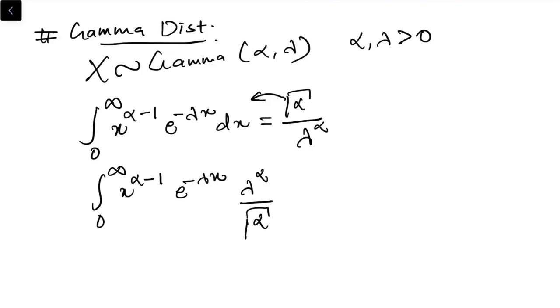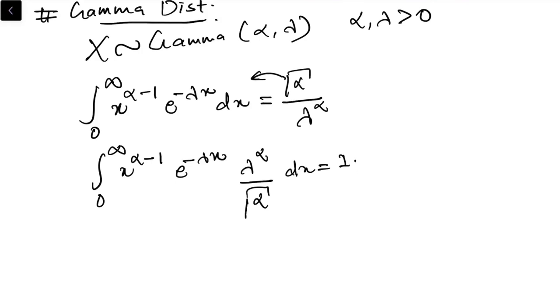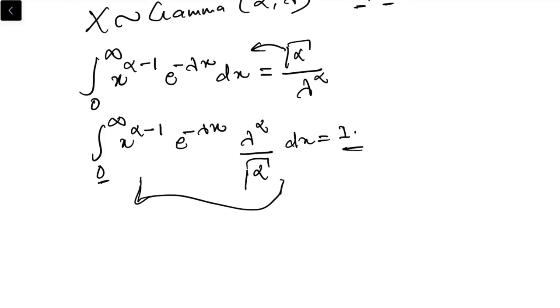So you can see the integration of this whole term is 1, and the value of this term is positive. How? We are given that alpha and lambda are positive, and the range of x is positive. So certainly the term inside is positive. Okay, so this satisfies the condition of PDF.